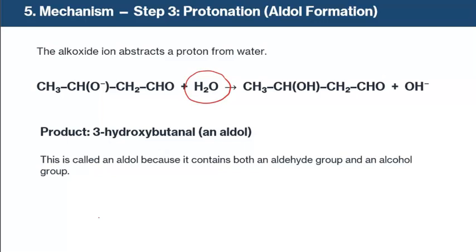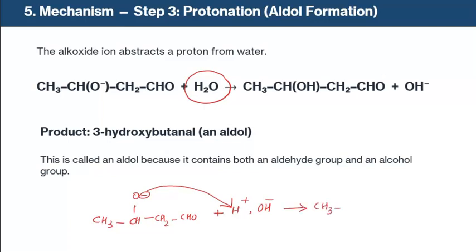Let's begin. CH3CH single bond O minus, single bond CH2CHO plus water. Water contains H plus and OH minus ions. The negative charge on the oxygen side abstracts this proton easily and forms the product. What is the product?